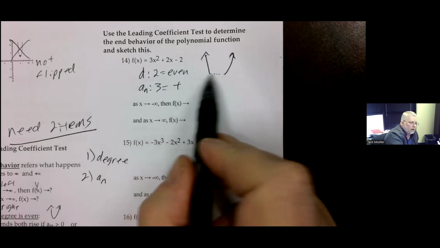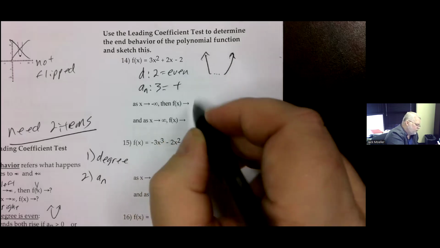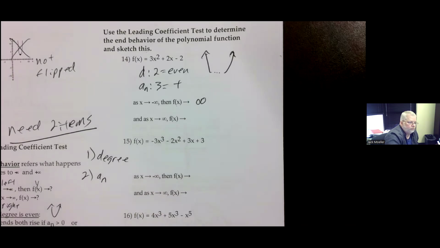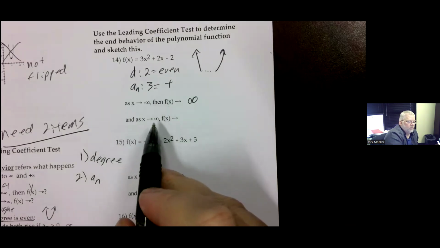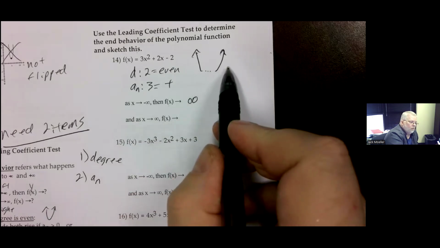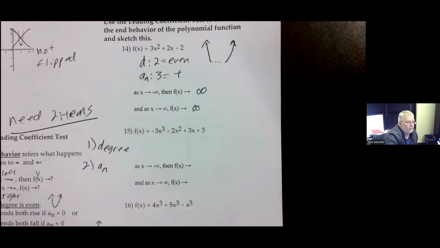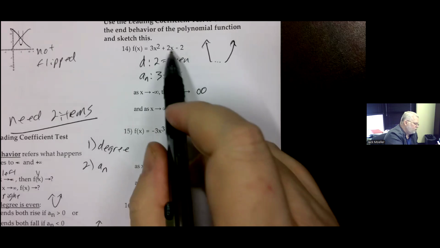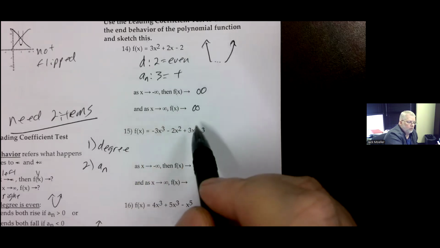As we go to the left, y values are going up, and they're going up to positive infinity. Now, as x goes to infinity, so as x goes to the right, what are the y values doing? They're going up, and they're going up to infinity. So if your degree is even, these should be the same answer, because you're either both going up or both going down to negative infinity.